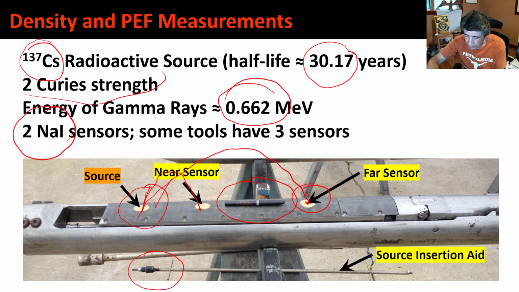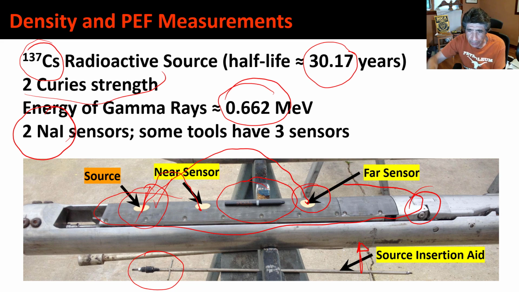This is a pad tool. The pad is this long. The pad is open, retracted with a mechanical arm right here. There's also a piece behind the tool that presses the pad toward the borehole wall for maximum contact with the formation.